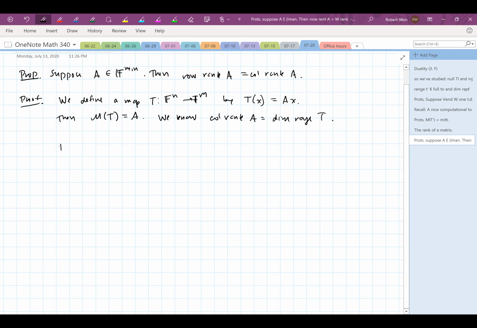Okay, but now note that the row rank of A, that's actually clearly equal to the column rank of A transpose, because the columns of A transpose are just the rows of A. So you're taking the span of the exact same vectors.